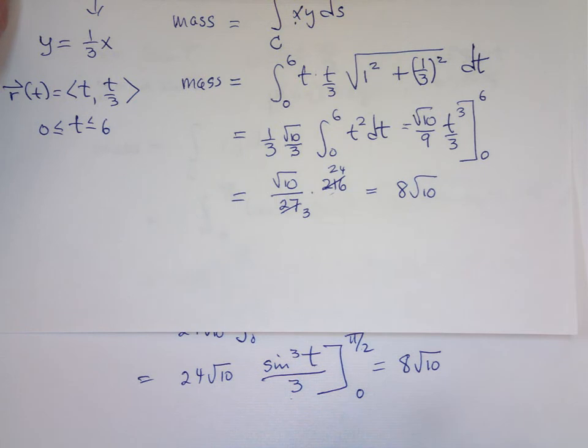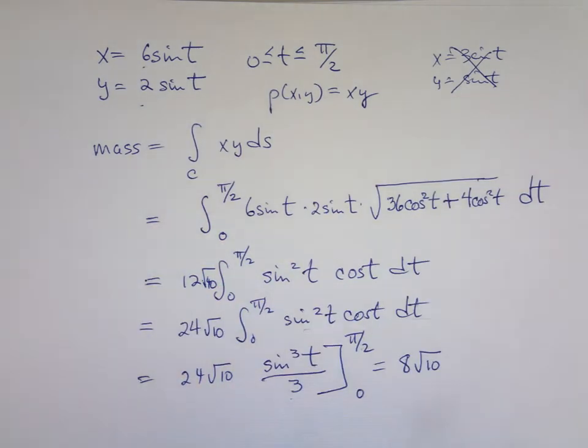I don't care what parameterization you use, as long as you start at (0, 0), end at (6, 2), and stay linear along that path. Doesn't matter. Let's do like 10 more. Coincidence. It could be a coincidence.